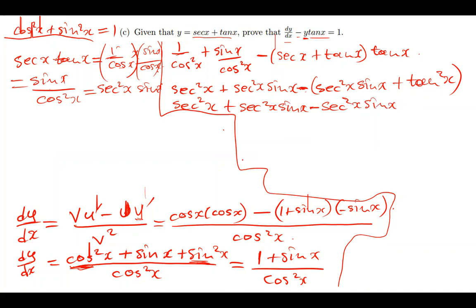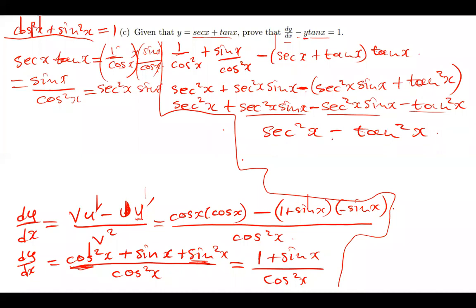Then we have negative times tan squared x, you get negative tan squared x. So you can see that this one and this one are subtracting, giving us a 0. So we have remained with sec squared x minus tan squared x. So is this a 1?